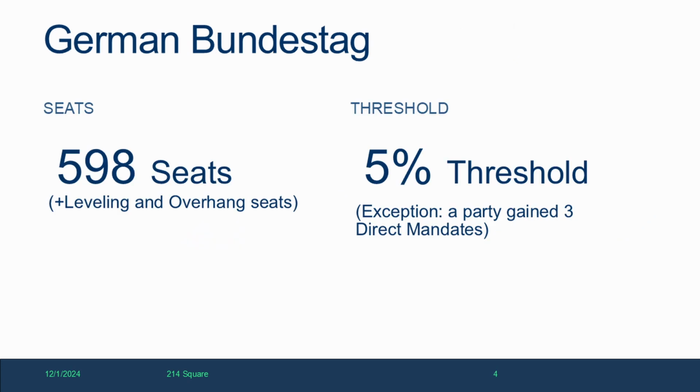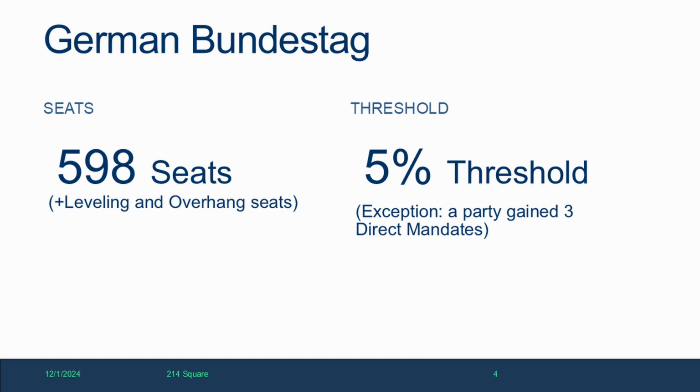The German parliament is one of the largest in the world. Not the largest, but one of the largest, with almost 600 seats. But they are also leveling in overhang seats based on how many direct seats the party gains, and then also to level it with other parties. And there's also a 5% threshold.